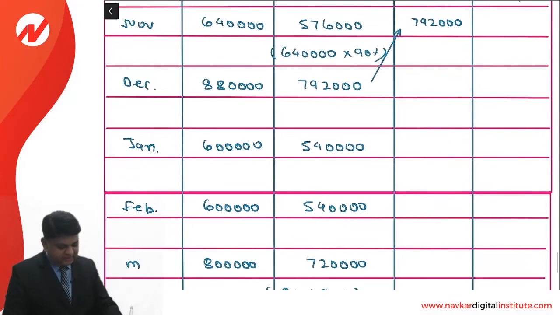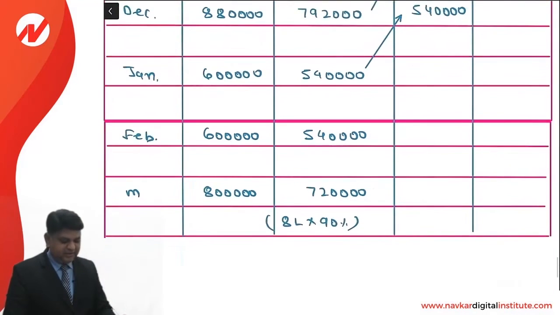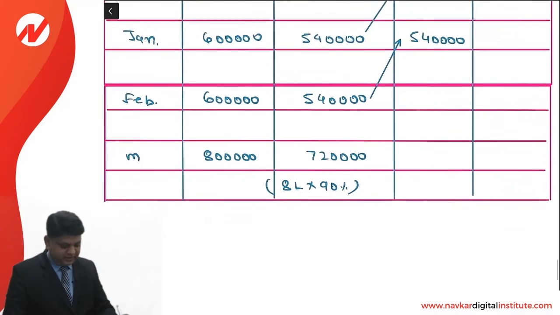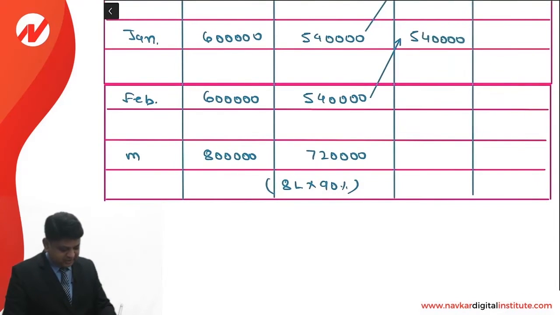In the month of December, purchase would be 5,40,000. In the month of January, again the purchase would be 5,40,000. In the month of February, purchase is 7,20,000.